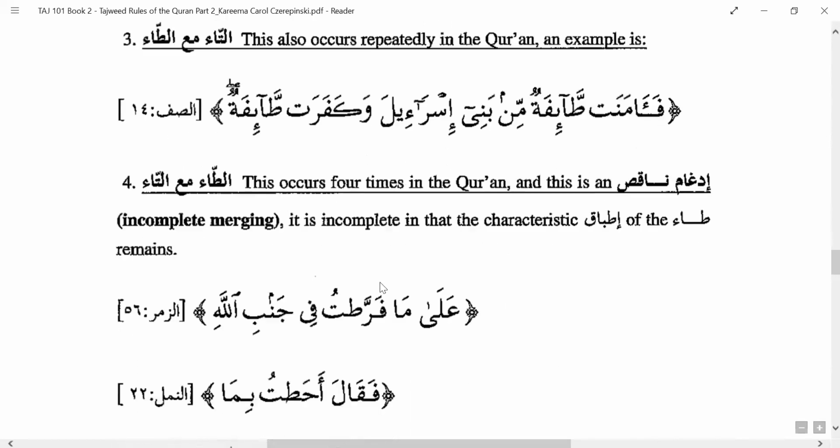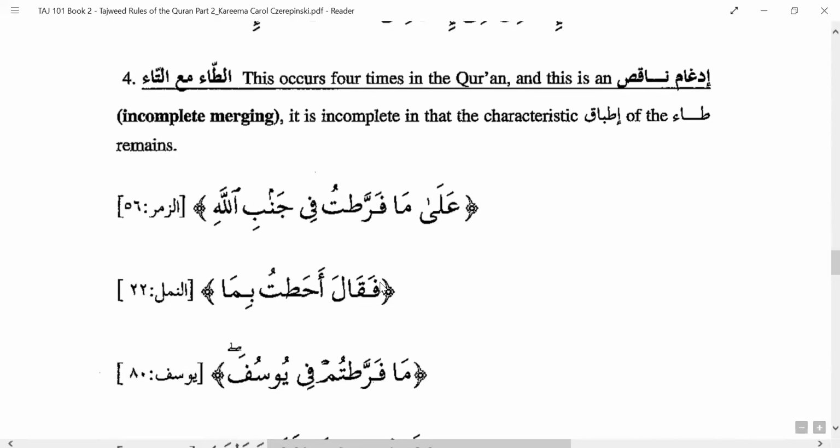Then you have ta with ta. This comes 4 times and this is incomplete merging. Why is it incomplete? Because ta has itbaq. Itbaq is a heaviness characteristic where you raise your tongue. So you have ta first with sukoon and then ta.